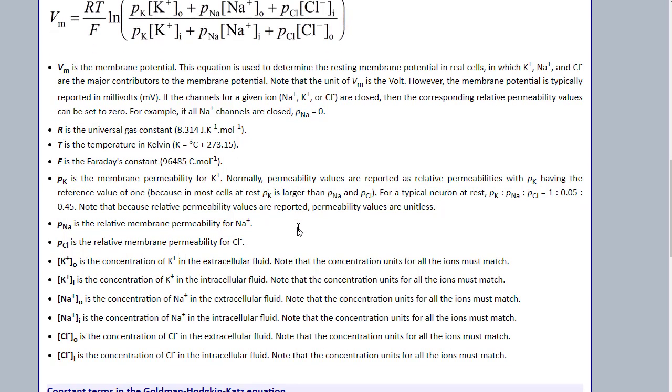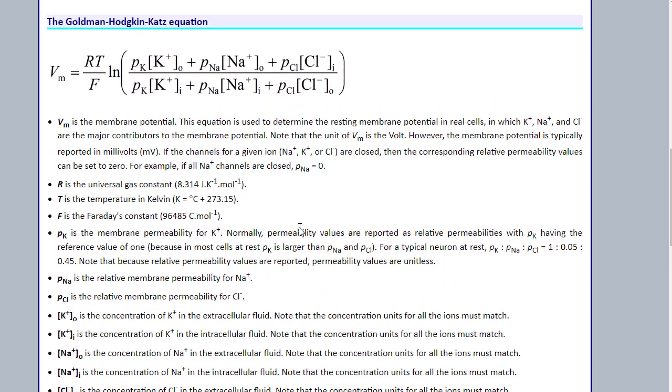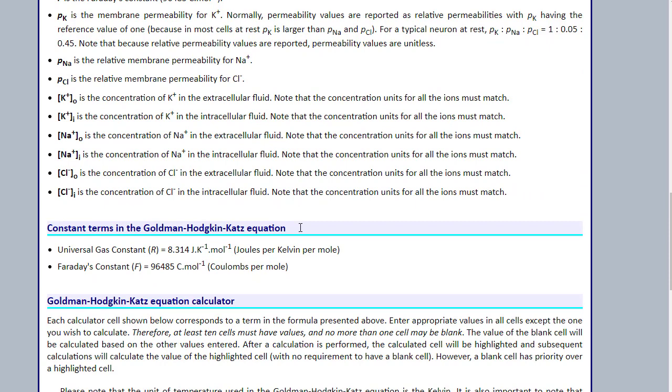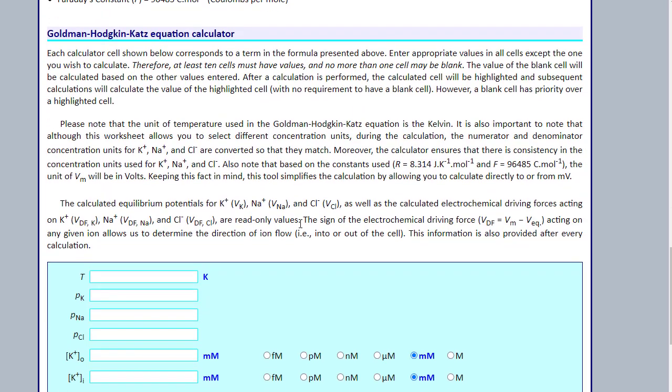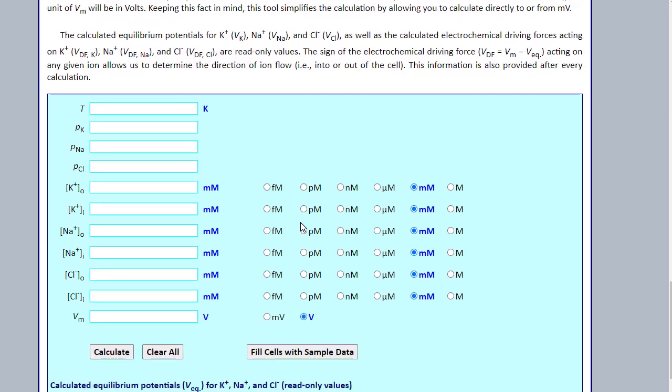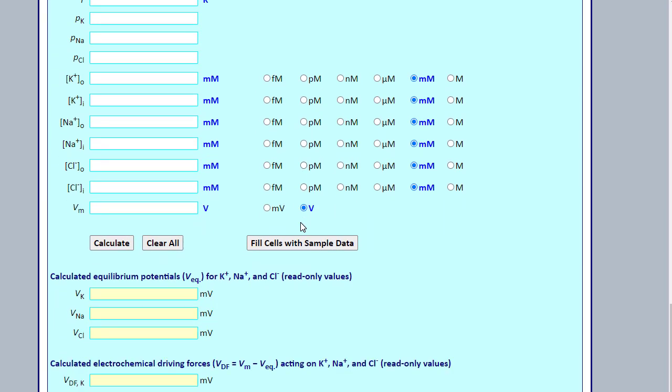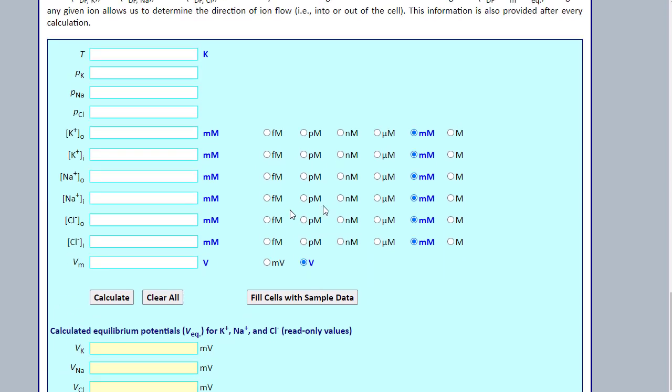Now, when we start to use this equation to see what the membrane potential is, you start to get a better picture. So here we have a nice little web widget that you can put stuff in and get the number. So we're going to switch to millivolts here. You can fill this with sample data, like right here.